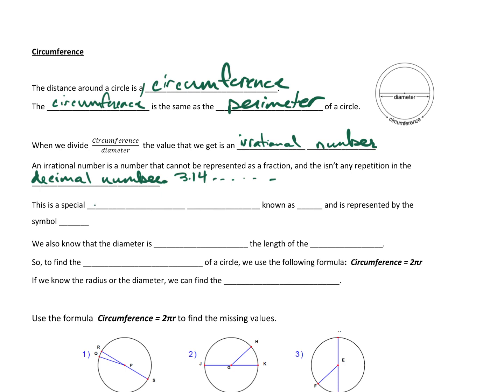This is a special irrational number, known as pi, which is a Greek letter, represented by the symbol π. You should take a second and try to find it on your calculators.